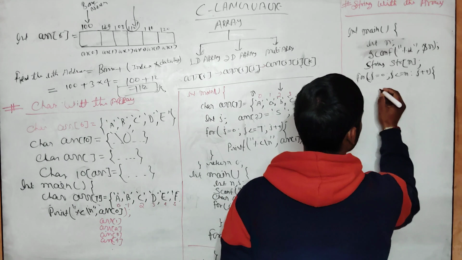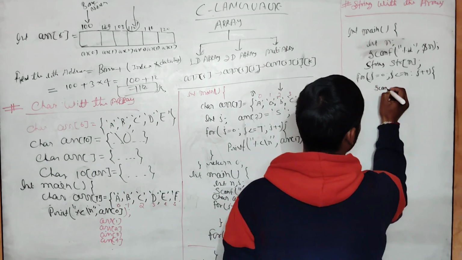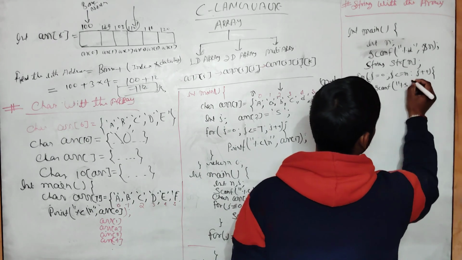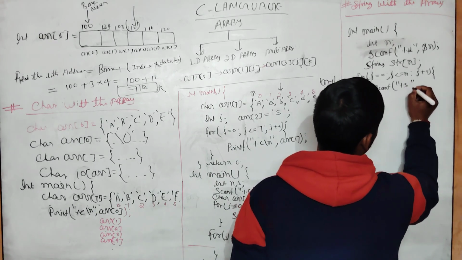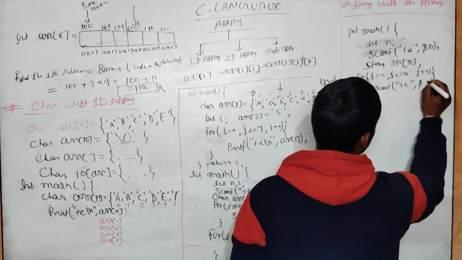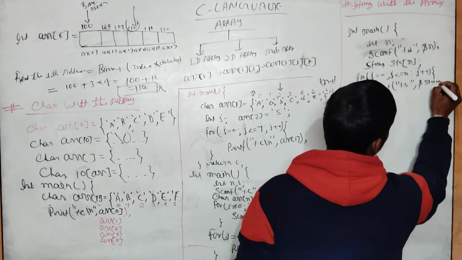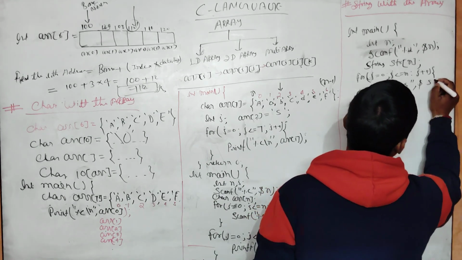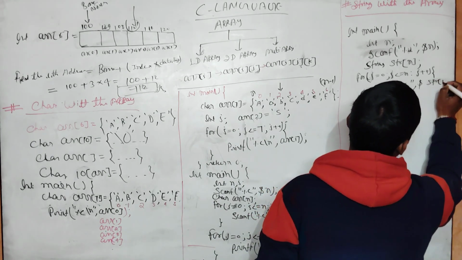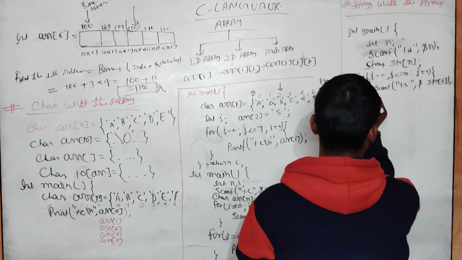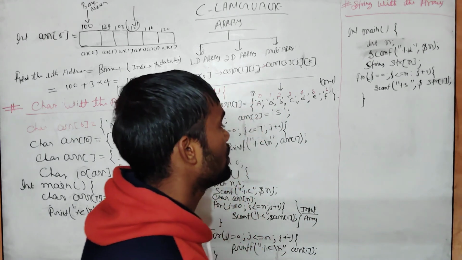Fine, and I'm just writing scanf, percentage s, ampersand, here is string, array name str of i. It will take the array input from the user.